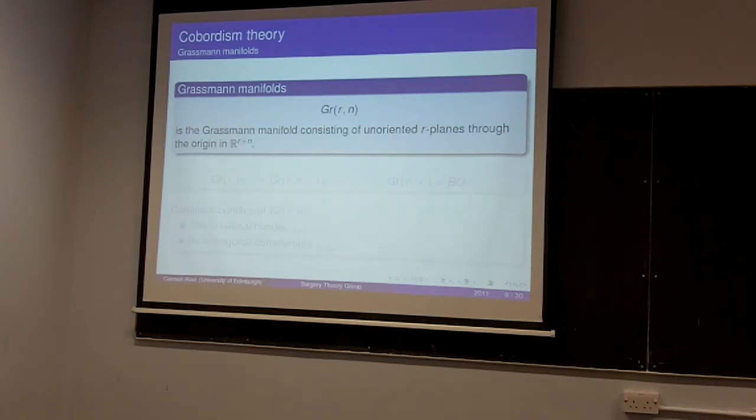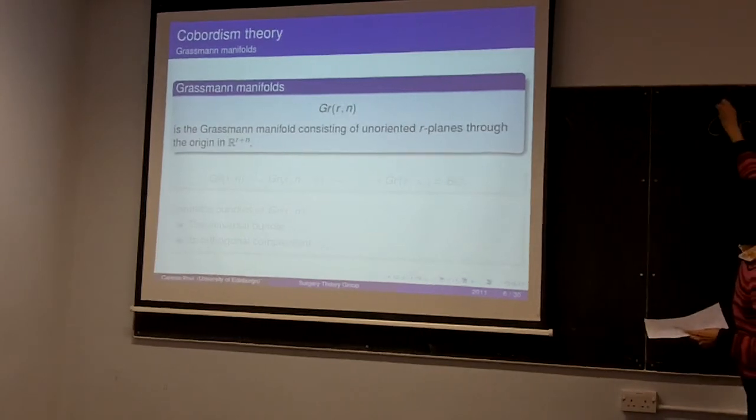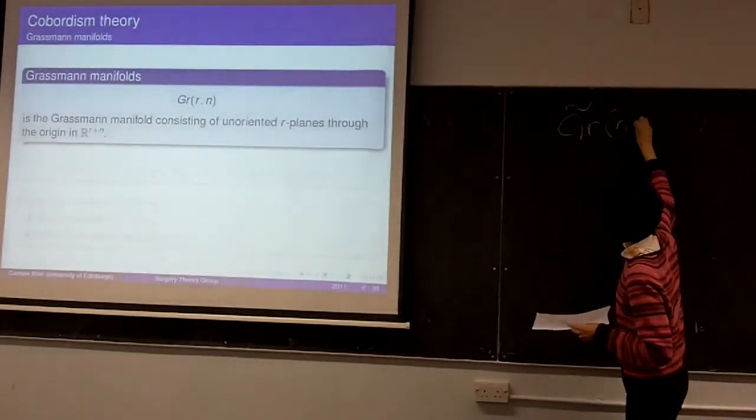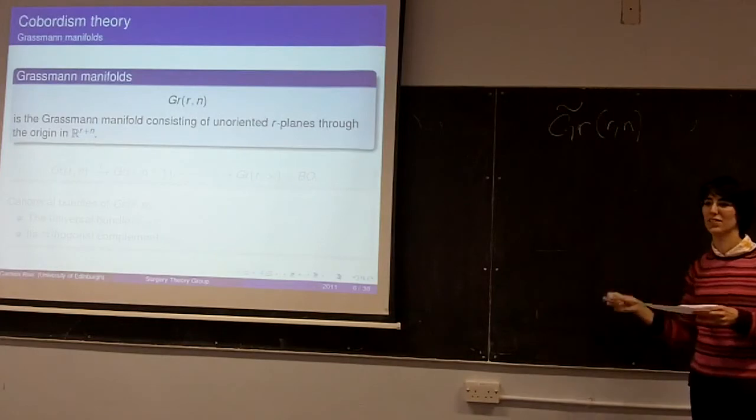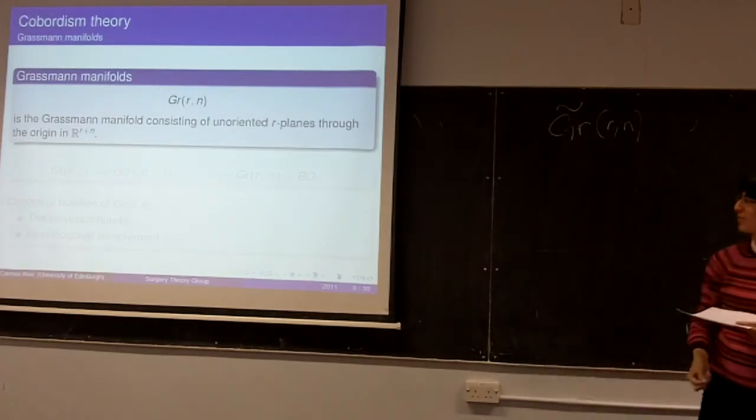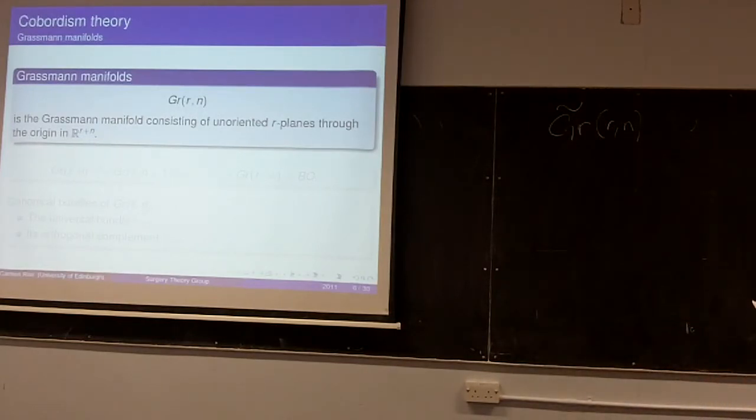The Grassmann manifold is the manifold consisting of all unoriented R-planes through the origin. We can also have oriented R-planes, only for that I will be using a different notation. I think Patrick also uses it like this, with the delta. So that's the Grassmann manifold.